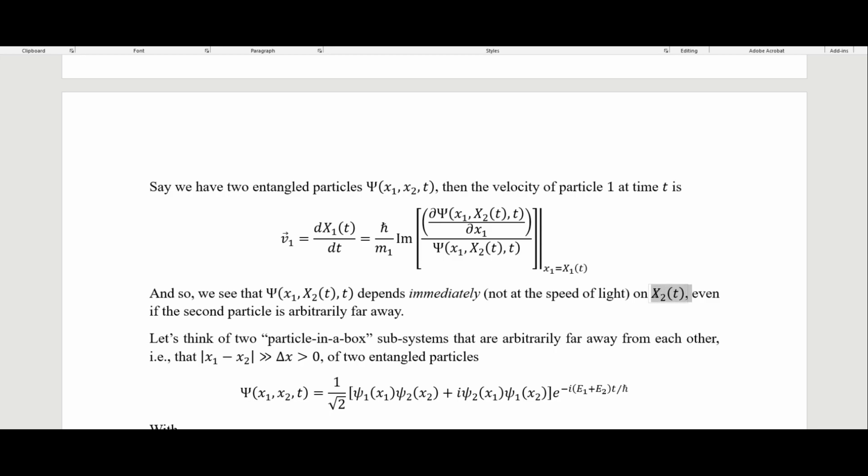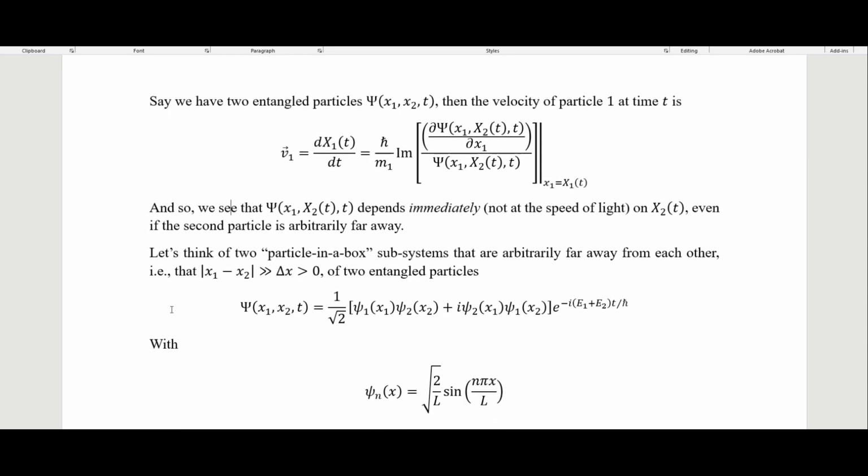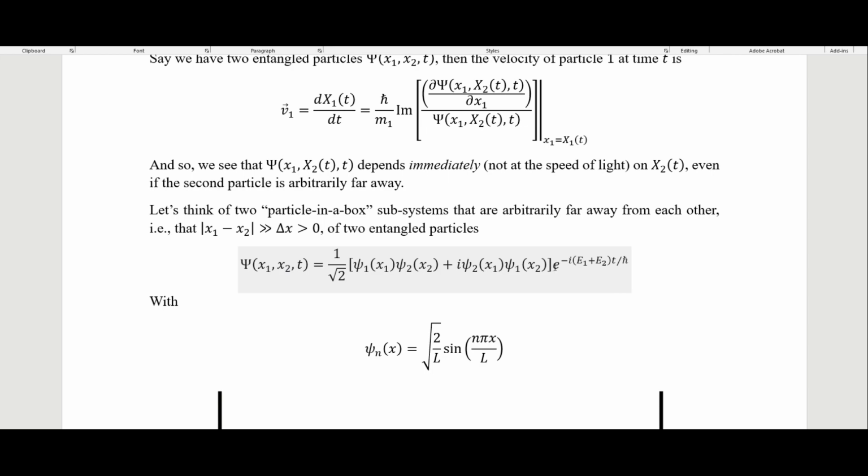So this doesn't tell us that it has anything to do with how close the particle is, and that the interaction, or I guess the entanglement, is instantaneous. So let's think of two particle in a box subsystems that are arbitrarily far away from each other, of two entangled particles, and so we will get this wave function right here.